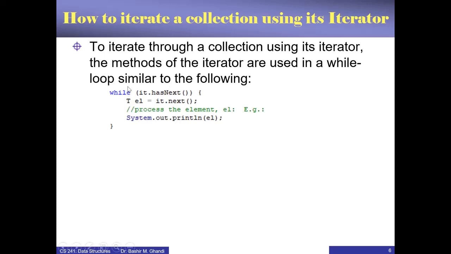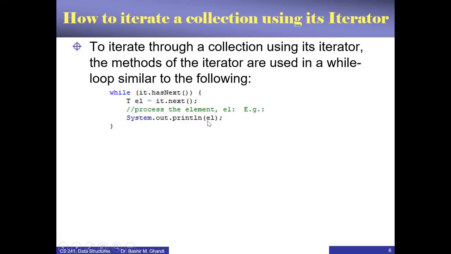You will say while iterator has next. So normally you use the hasNext method as the condition for the while loop. While there are more elements to iterate, get the next element by calling the next method. So iterator.next.